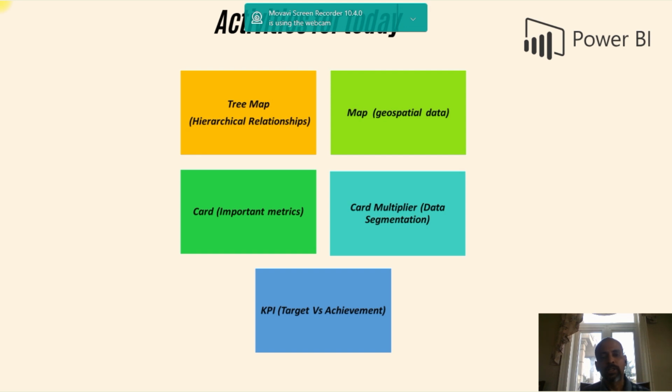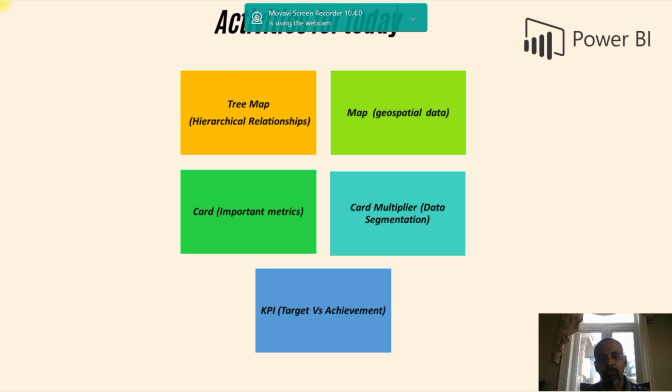Or it can be finance, where you talk about the net profit. Or you are talking about customer service management, then you have something called the NPS score, Net Promoter Score, or CSAT, Customer Satisfaction Survey. All those things can be shown in a card. These are important metrics for any business growth.